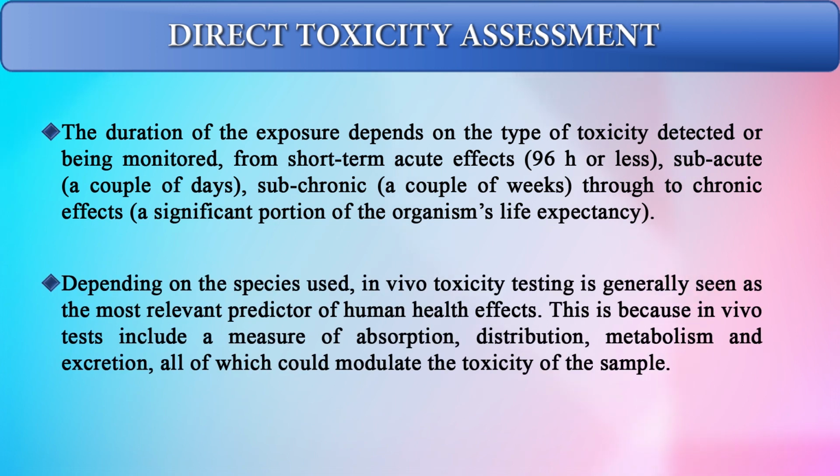Depending on the species used, in vivo toxicity testing is generally seen as the most relevant predictor of human health effect. This is because in vivo tests include a measure of absorption, distribution, metabolism and excretion, all of which could modulate the toxicity of the sample.